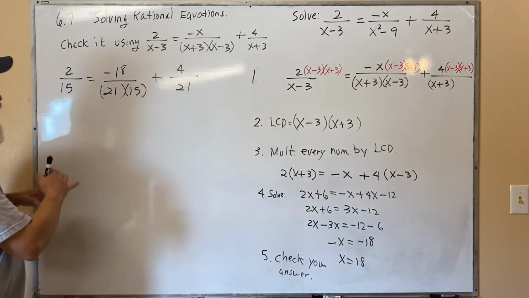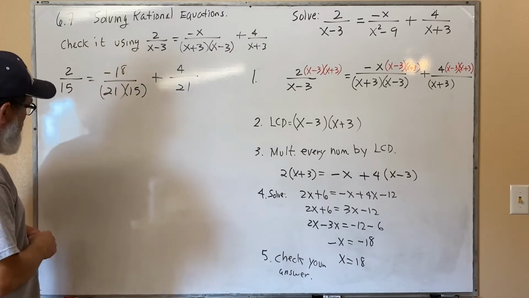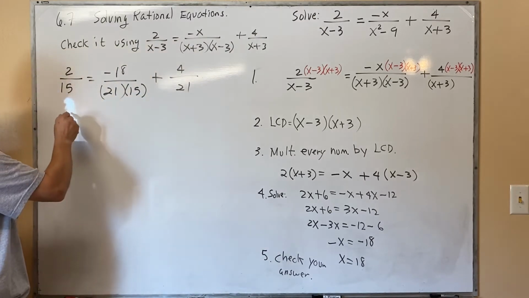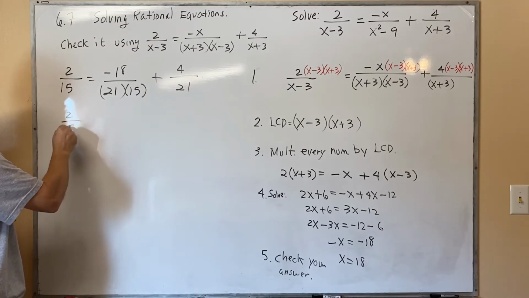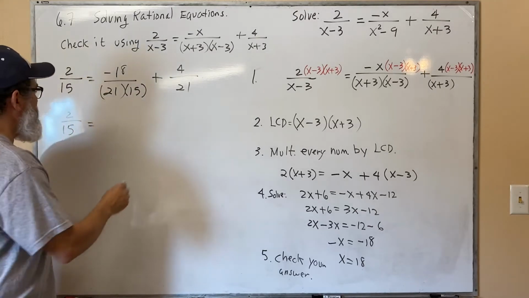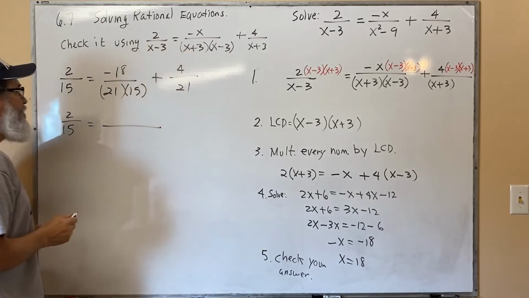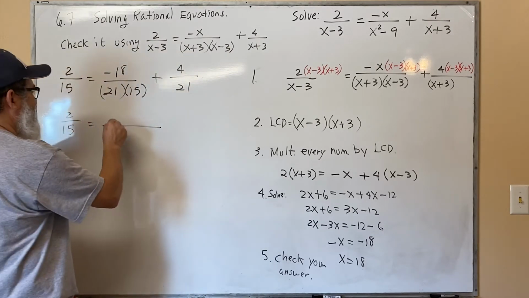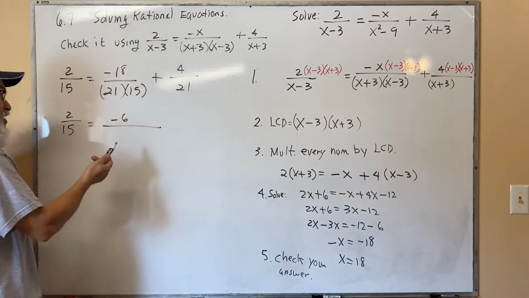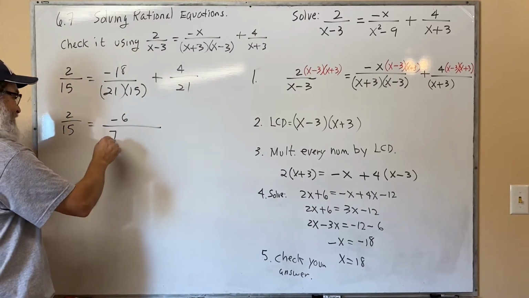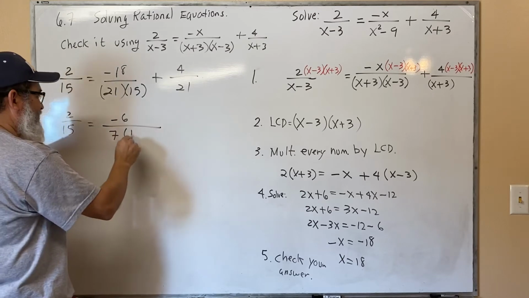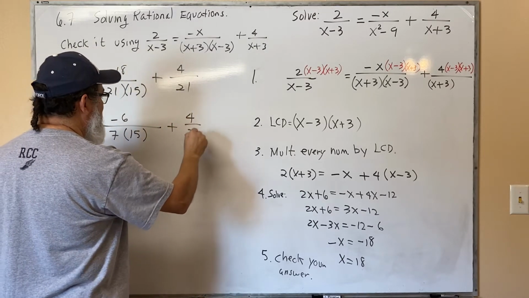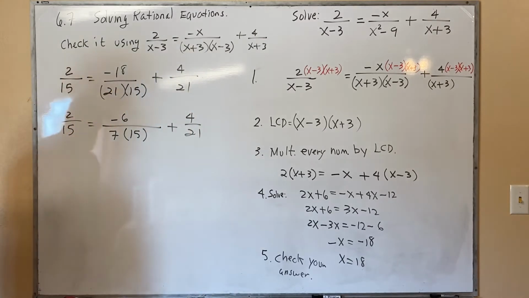But if you want to go all the way, you can also. Sure, you can. Watch this. Simplify all the way. 2 over 15 equals 2. Simplify this. Let me see. 3 goes into 18 6 times. And 3 goes into 21 7 times. And that's a 15 plus 4 over 21. Okay?